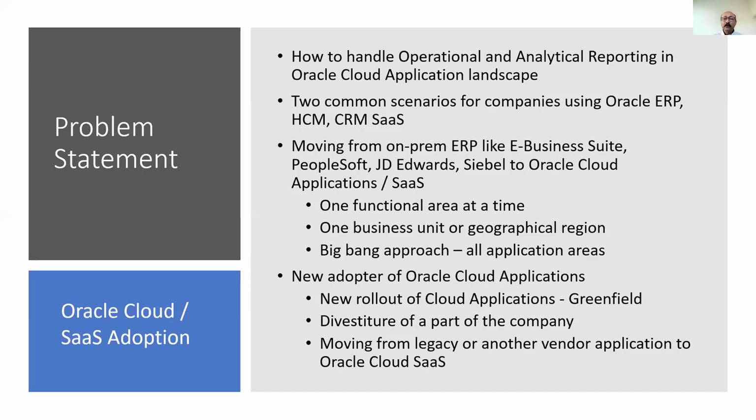So that's a good place for companies to adopt cloud application while separating from a larger company. And then companies could be moving from SAP or other third-party ERP into Oracle Cloud. So again, that may be a new setup in Oracle Cloud for them, but it may be otherwise a mature company from an IT perspective.